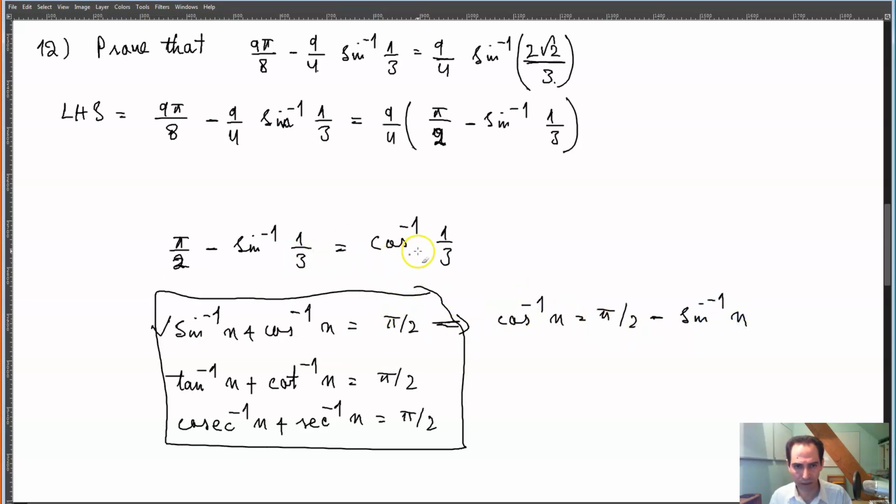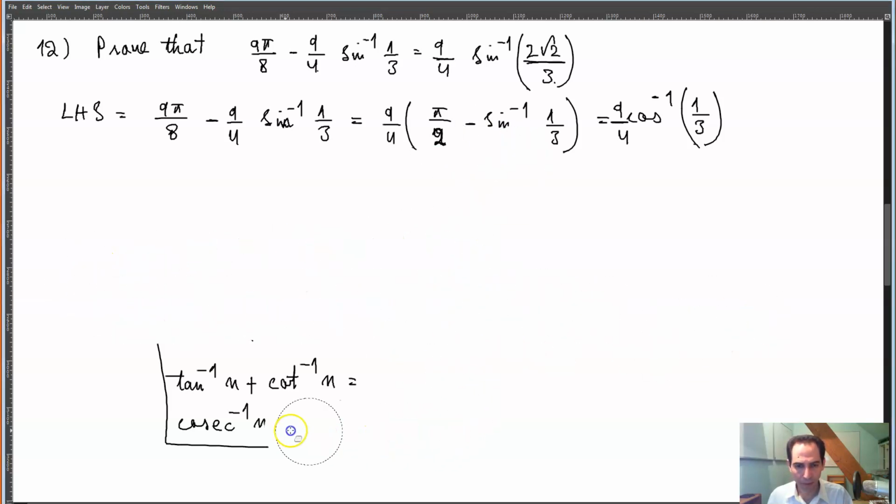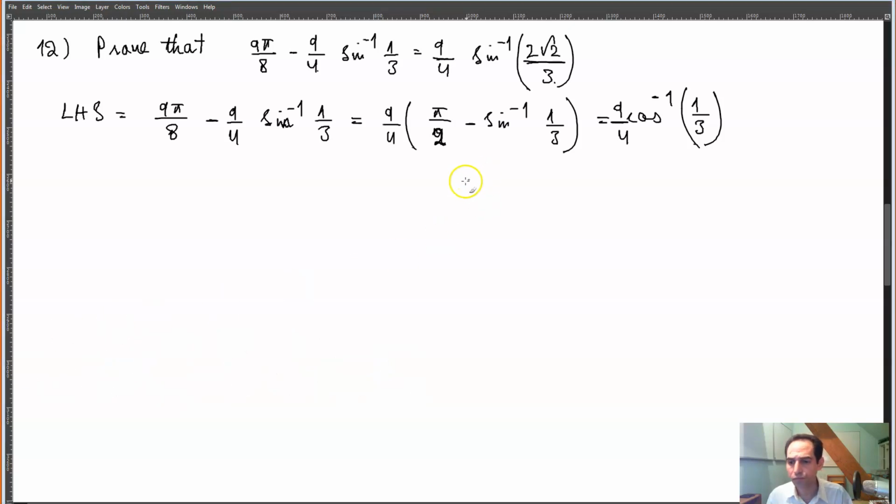Which means that the cos inverse of 1/3 is the same thing as pi by 2 minus the sine inverse of 1/3. So pi by 2 minus sine inverse of 1/3 is equal to the cos inverse of 1/3, and that is multiplied by 9 divided by 4, and then you have 9/4 cos inverse of 1/3.